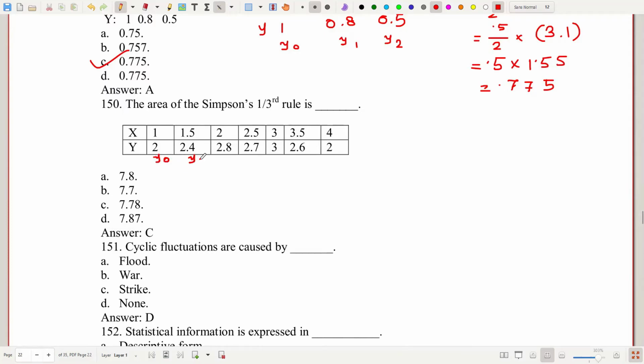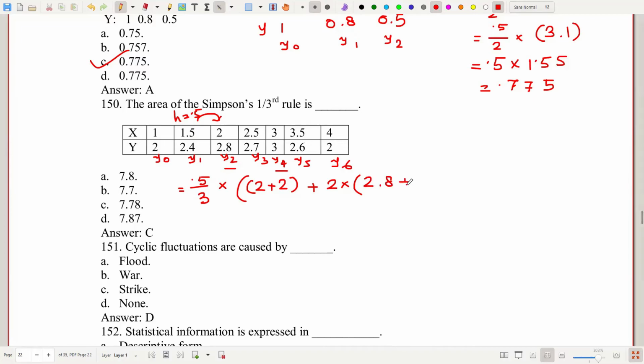the y0, y1, y2, y3, y4, y5 and y6. So we can write the formula as 0.5 upon 3, as the H is equal to 0.5 into the first one and the last one, that means y0 plus y6 plus 2 into the even, that y2 and y4.